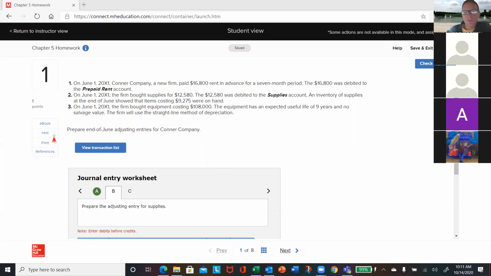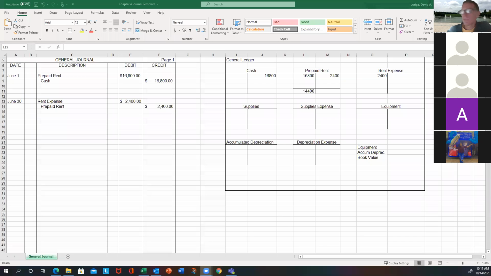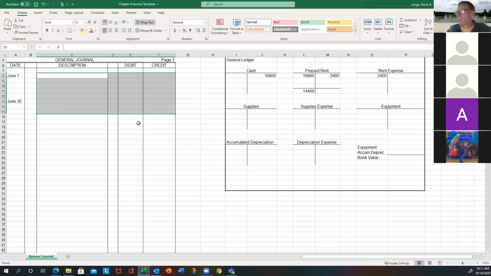So a couple things first is let's go and do the record. And so let's assume we bought the supplies. And so again, I'm just going to use this same area in the journal. So if this is June 1st and we bought supplies, we would debit supplies, and let's just say we credit cash.